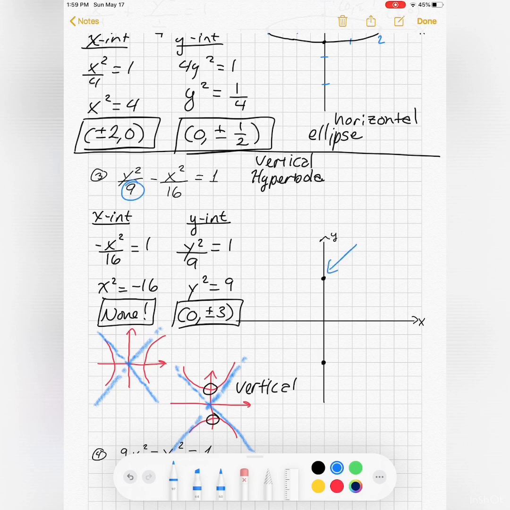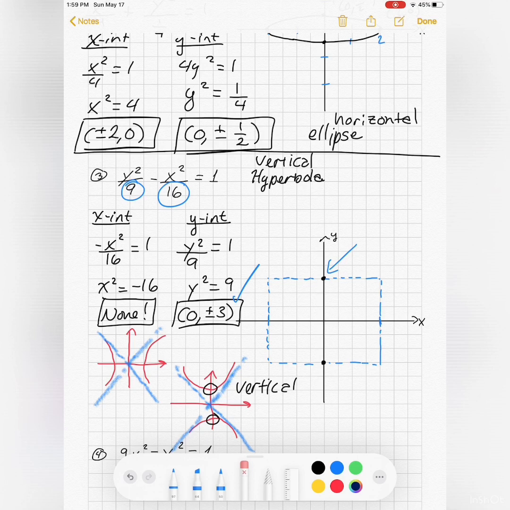I use the square roots of 9s to get the y-intercepts at 3's. Now I'm going to use that 16. So the square root of 16 is 4. So I'm going to go left and right by 4. And then what I'm going to do is I'm going to actually dash in this little rectangle. Okay.